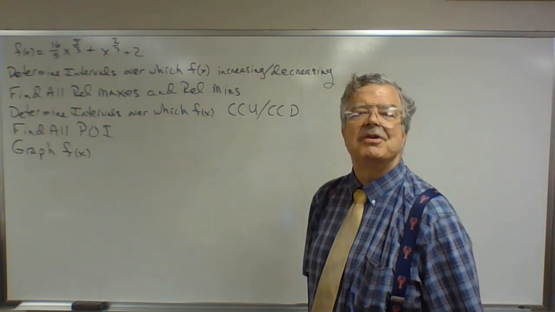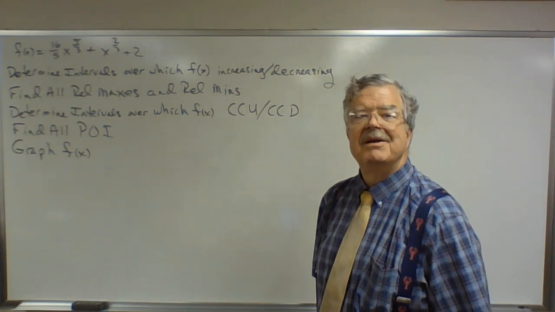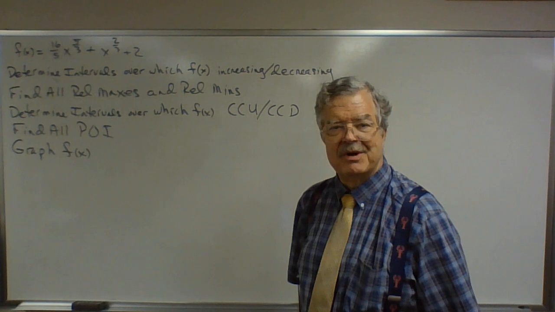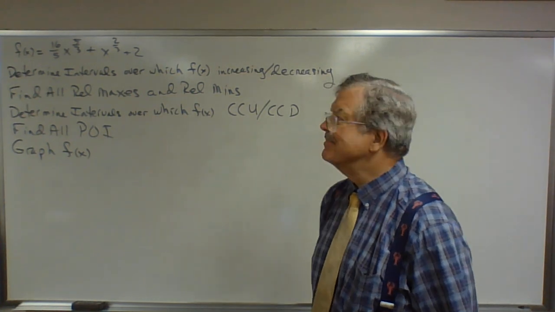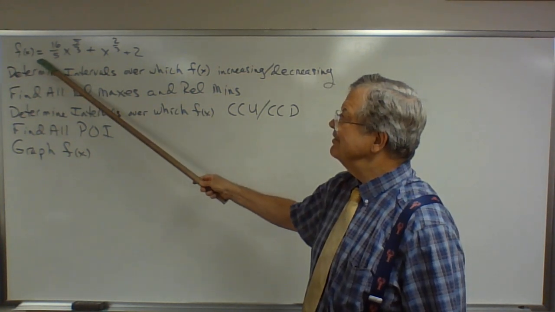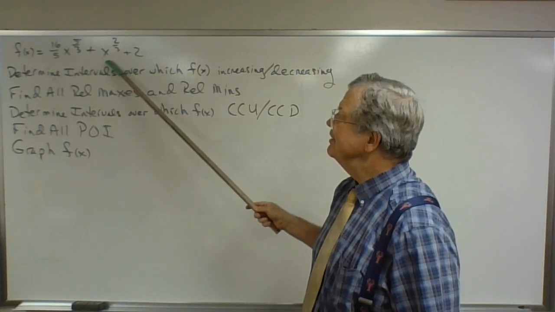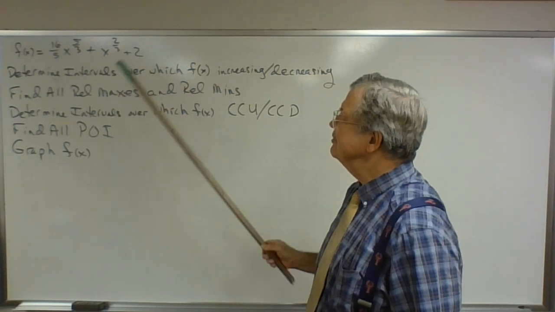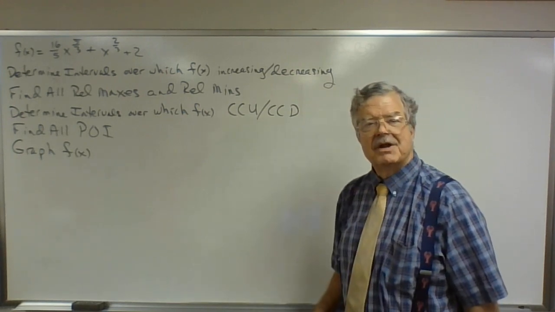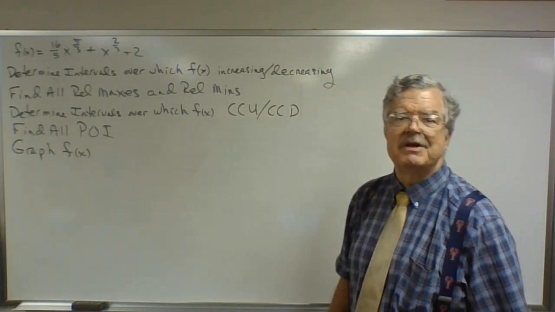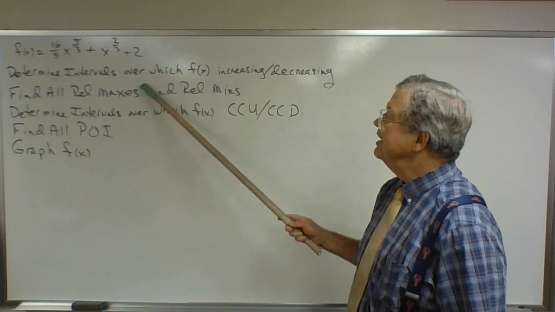We're going to have some type B critical numbers and points of inflection. F of x is 16/5 x to the 5/3 plus x to the 2/3 plus 2. And we're going to do exactly the same stuff that we did on the previous example.